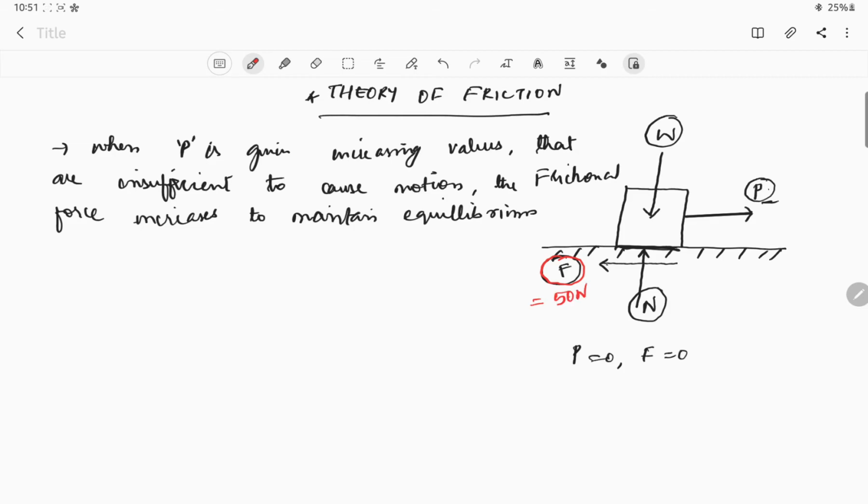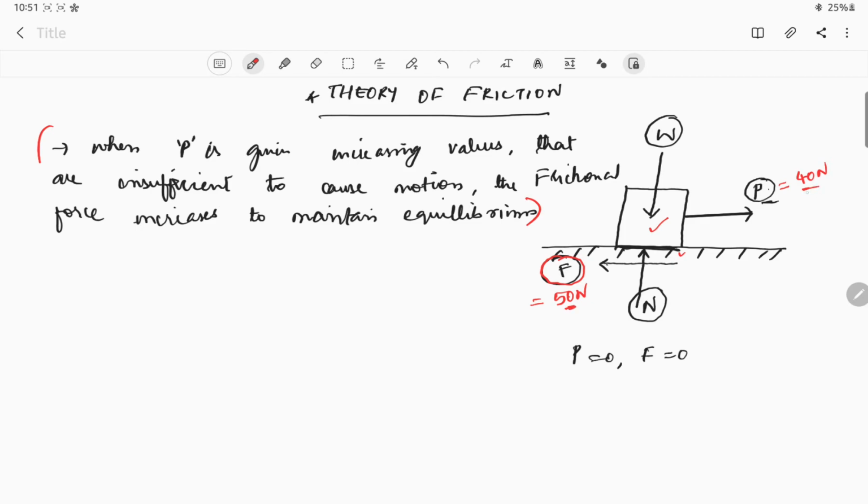I am explaining the meaning of this entire sentence. So what happens if I apply P equal to 40 newtons? Will the block move or stay at its own position? The block will rest in the same position, because the frictional force is more than the applied force.